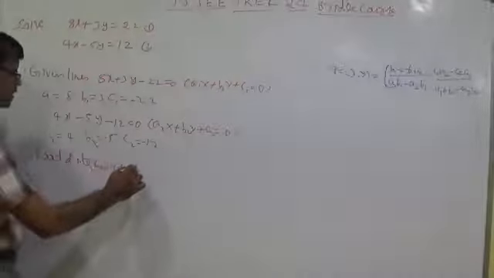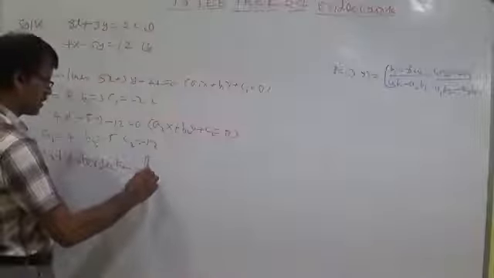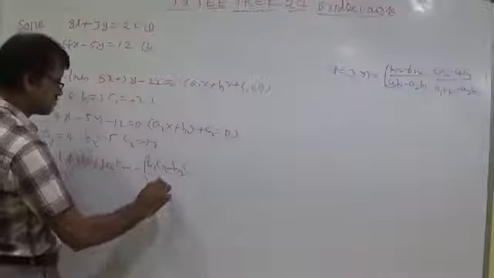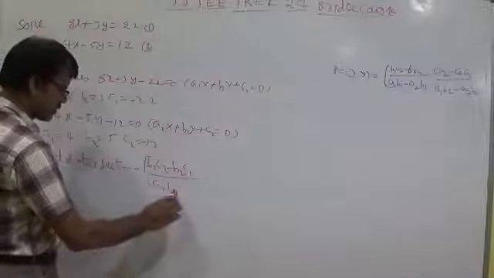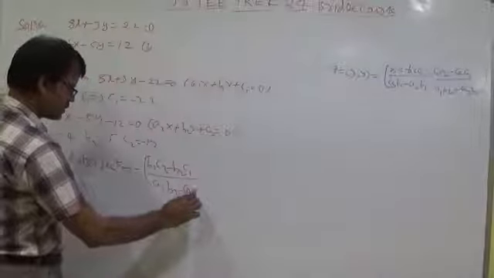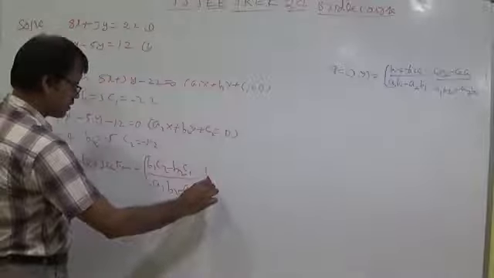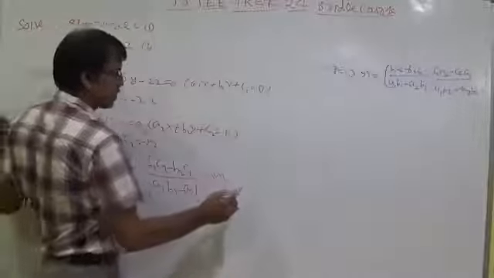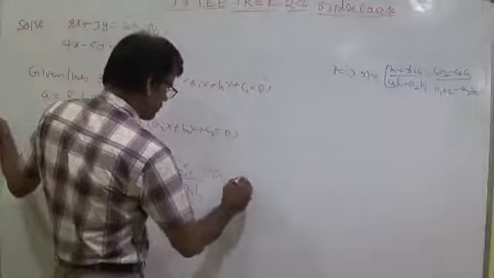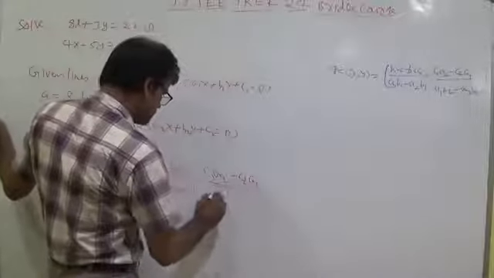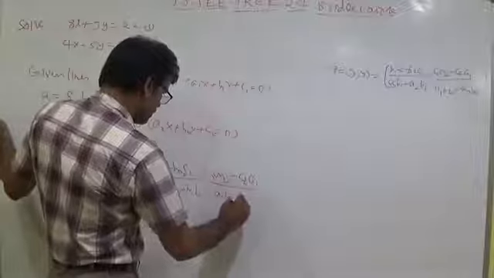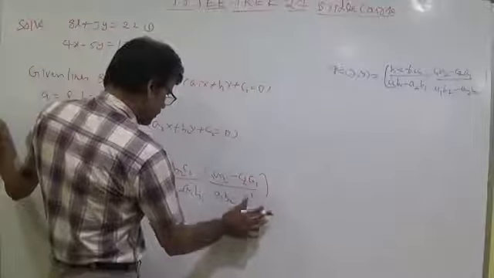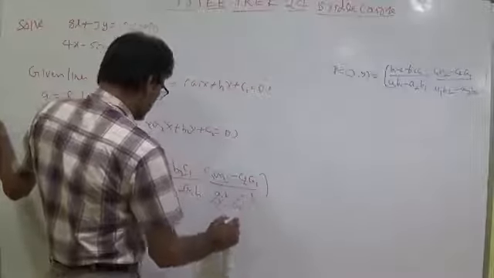Point of intersection, let us write the formula: B1 C2 minus B2 C1 by A1 B2 minus A2 B1, comma, C1 A2 minus C2 A1 by A1 B2 minus A2 B1.